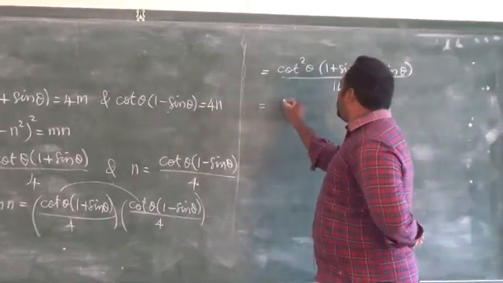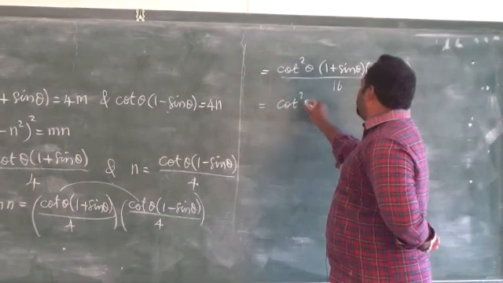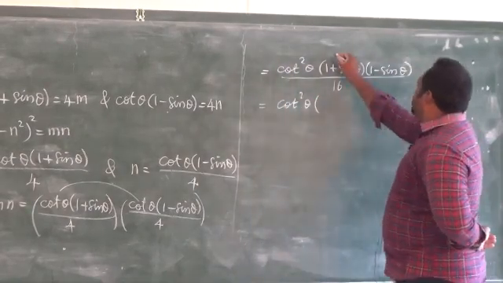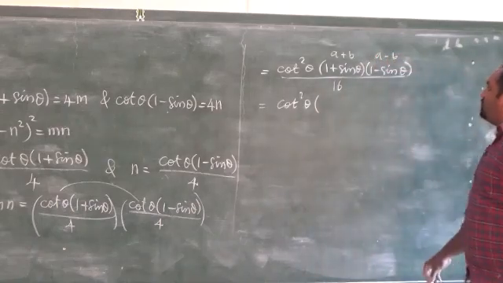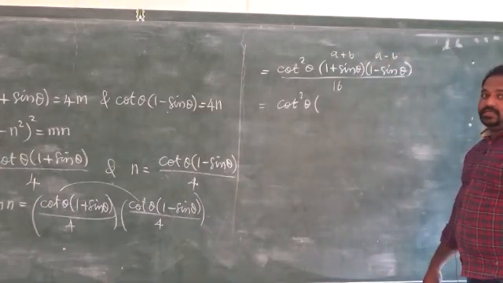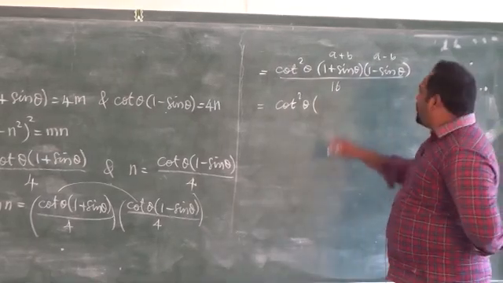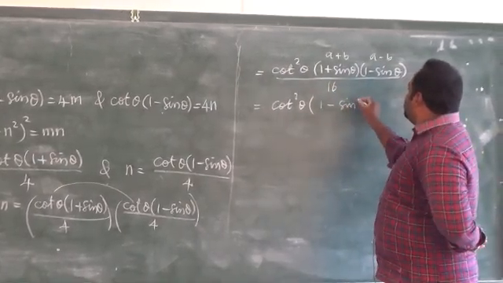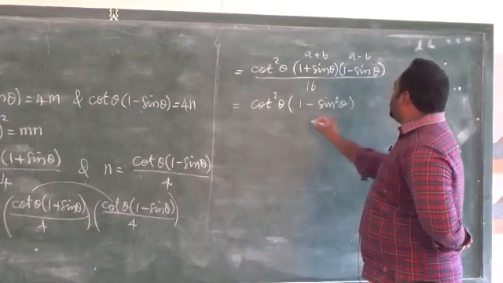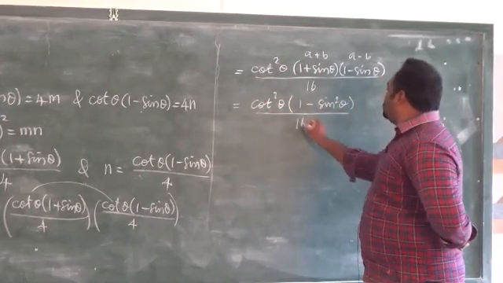Now cot square theta into, look at this, it is of the form a plus b into a minus b. The formula is a square minus b square. 1 square is 1, minus b square is sin square theta, whole divided by 16.